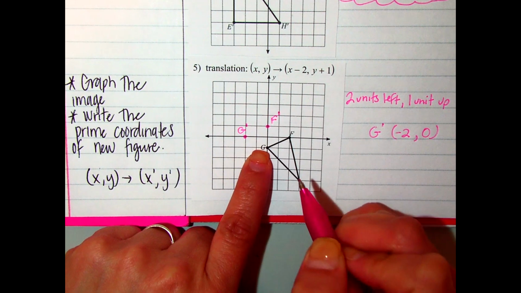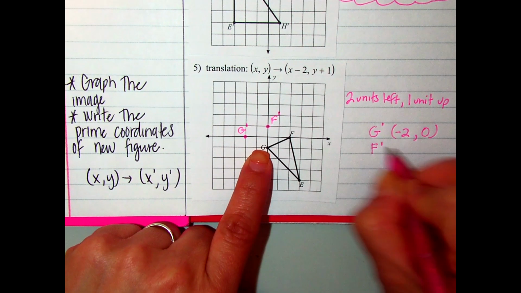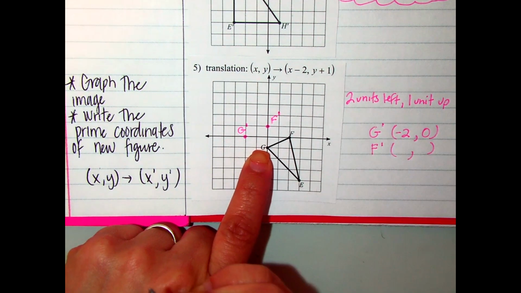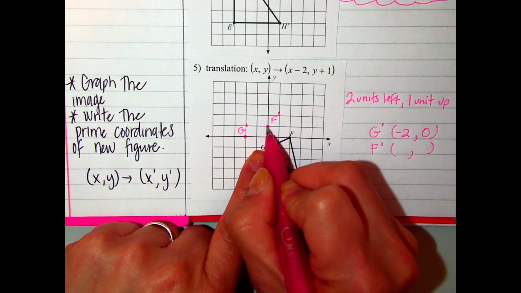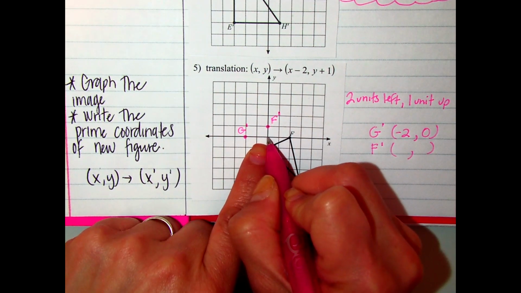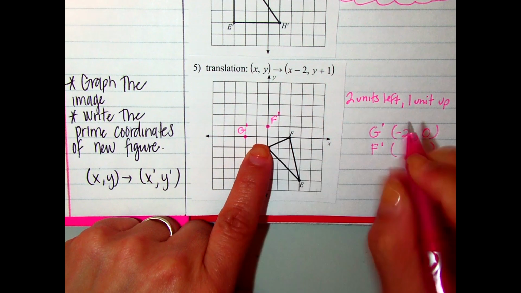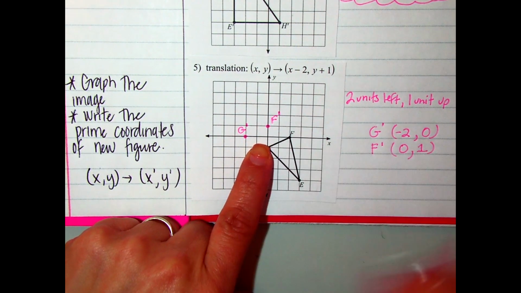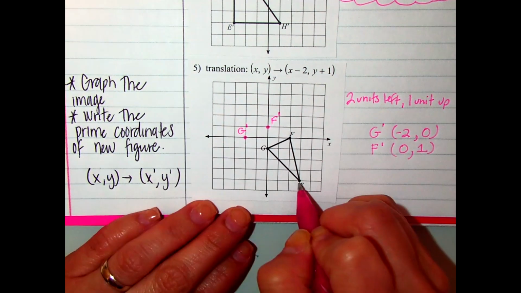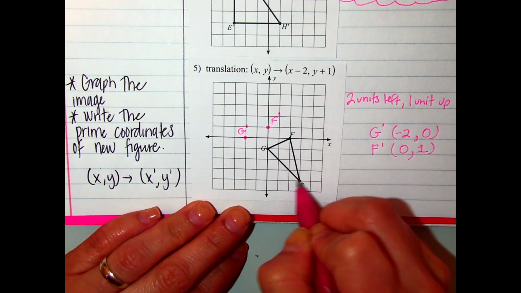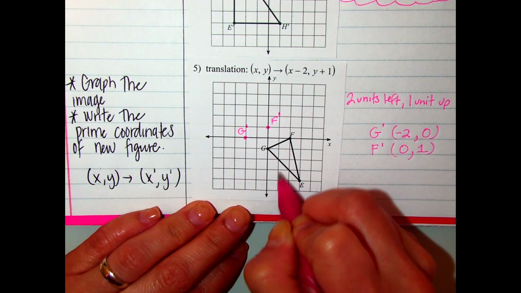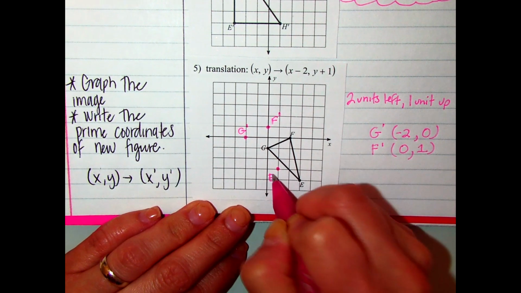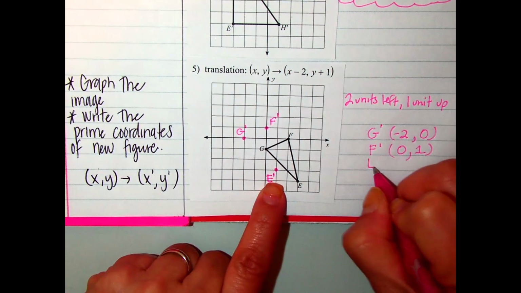And we will be writing F prime, the coordinate. So F prime from the origin, it's going neither left nor right, so that means it's 0. And then we're going up 1, so that's 1. And then E, we're going to do the same thing, 2 units to the left, 1 up. So 1, 2 to the left, 1 up. This is now E prime. We're going to write the coordinates of E prime.